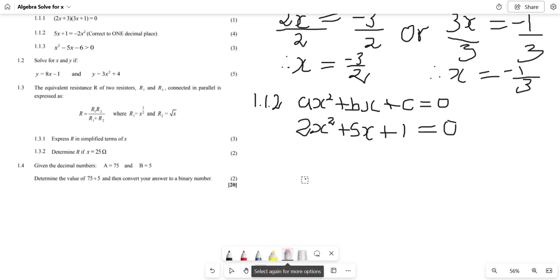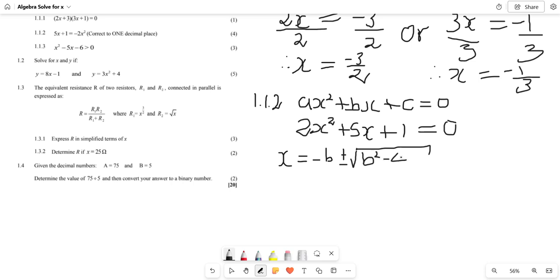Now we must apply the quadratic formula, which says x is equal to negative b plus or minus the square root of b squared minus 4ac, then everything all divided by 2a.